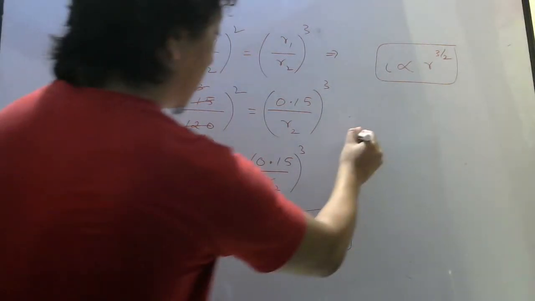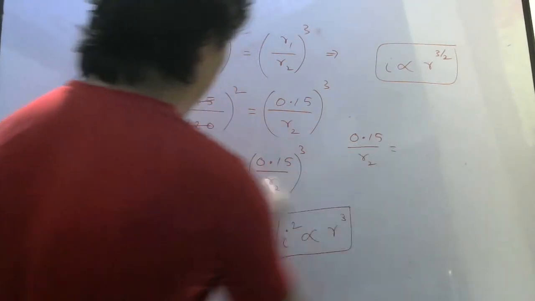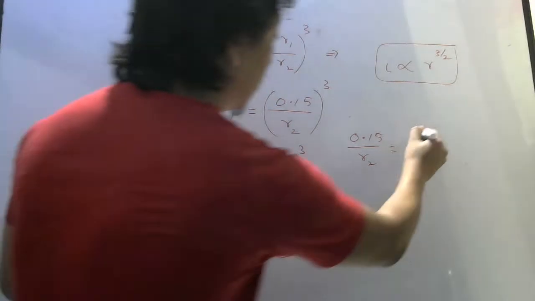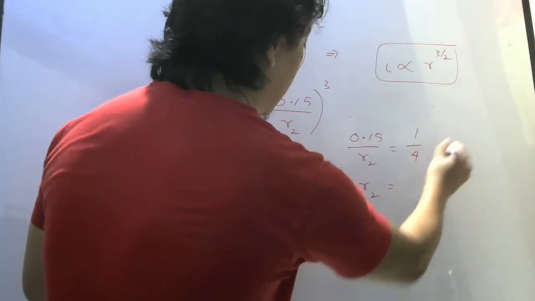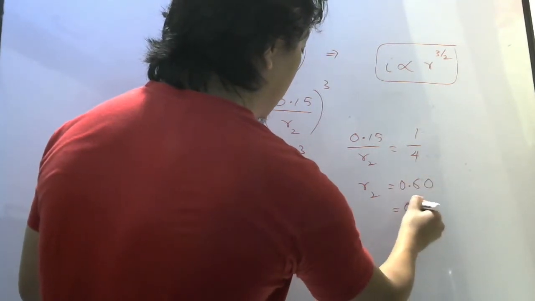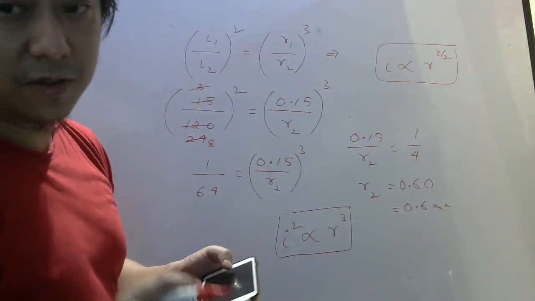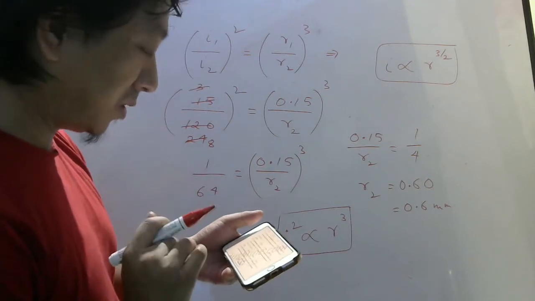So 0.15 divided by R2 will be 1 by 64 power 1 by 3, cube root. So cube root of 64 is 4 only. So cross multiply. 4 5s are 20, 4 1s are 4, 6.0. So 0.6 millimeter. So that should be the radius of the second wire. Material is same. Okay, option C.